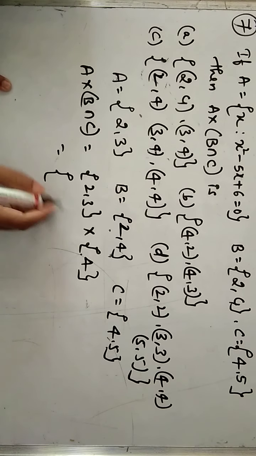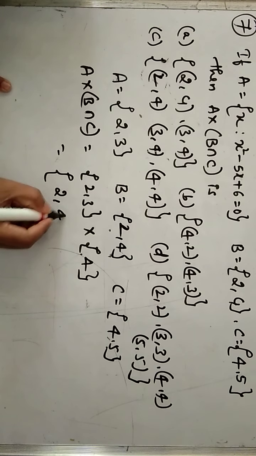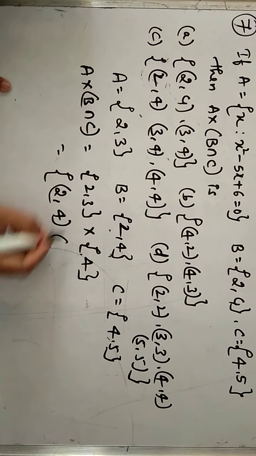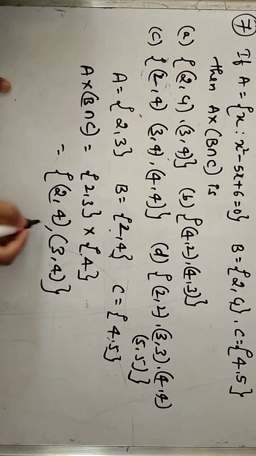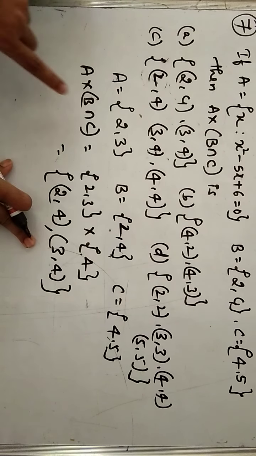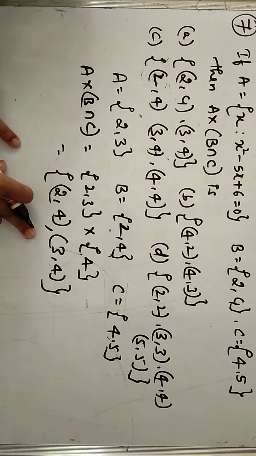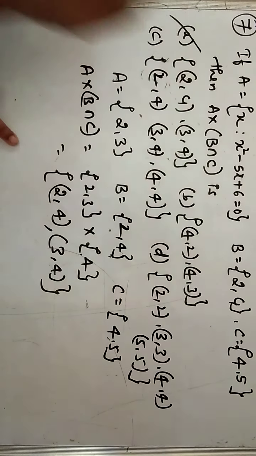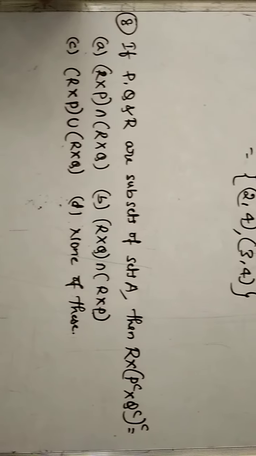Now cross is nothing but an ordered pair: (2, 4) and (3, 4). These two elements are there in this set, which is the option {(2, 4), (3, 4)}. This is the first, option A is the right one. Okay, now all of you understood? Okay, let me move on to the next example.